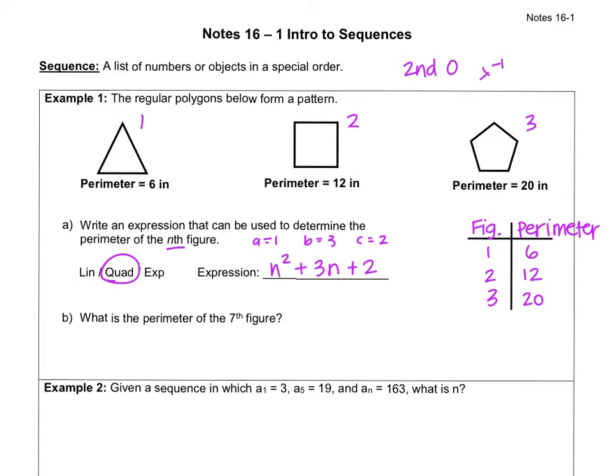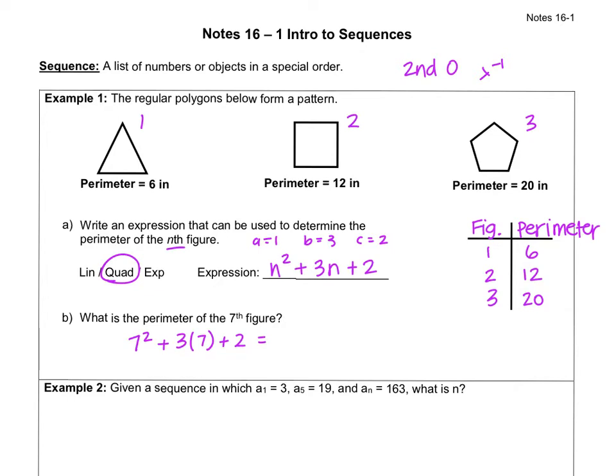So then I could use this to find the 20th figure or 50th or whatever number by plugging in 20 or 50 into n in this expression. Then it asks, what is the perimeter of the 7th figure? So I'm going to plug in 7 into the 2 spots where I see n.